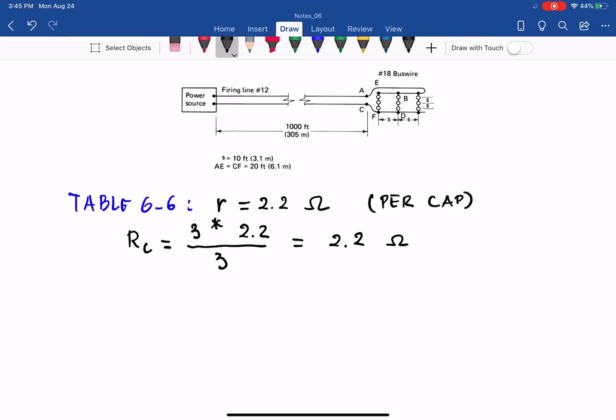And then we want to determine the resistance of the bus wire. That is step number 2. To determine that, we need to find the effective length of the bus wire.